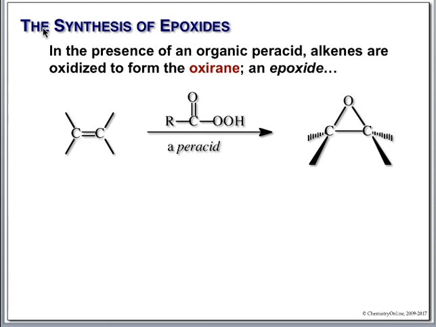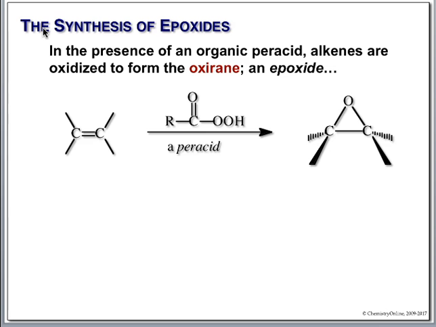This is an oxygen atom donor, and it will react with the alkene pi system to form the oxirane, which is also just called an epoxide. This is really neat because this is a highly strained ether. And because it's so highly strained, you can actually do nucleophilic reactions on this, just like we saw with the mercurinium ion. So nucleophiles can come in backside, get ring opening, and you can make lots and lots of functionality.